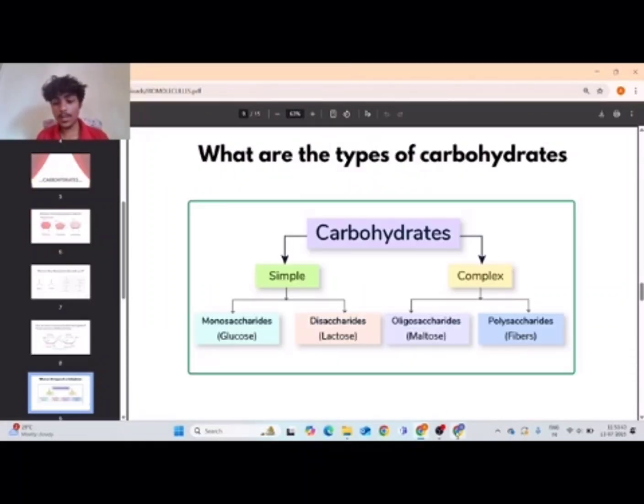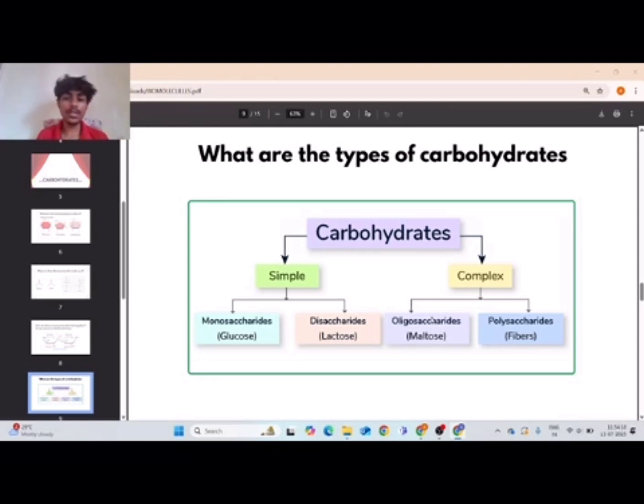Now, you must be wondering, what exactly are the different types of carbohydrates, or rather, what are the different types of saccharides present in our natural environment? First of all, we'll start with the simple ones. The simple ones are further divided into monosaccharides and disaccharides. From the name, you can see that monosaccharides are where a single sugar unit is present, and this single sugar unit usually acts as a building block for all of the other types of carbohydrates.